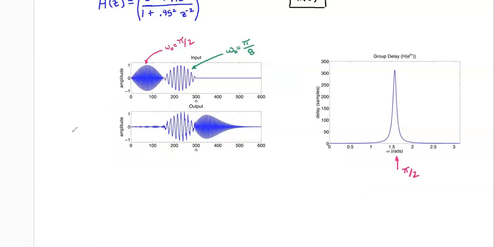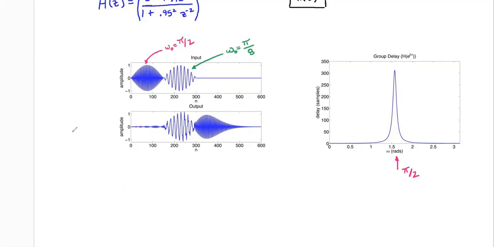Now if I ask you these two questions, what is the advantage of FIR system? From the phase delay, group delay point of view, the group delay is constant for the FIR system, and for the IIR system, that is not constant.